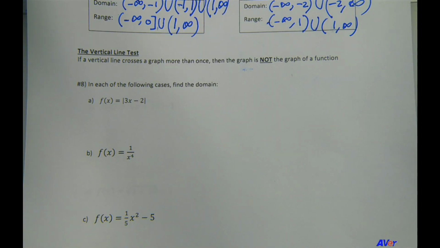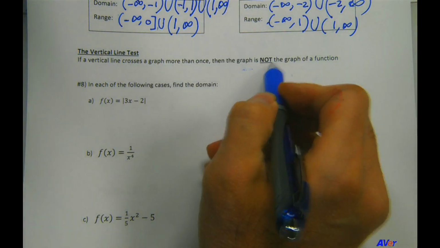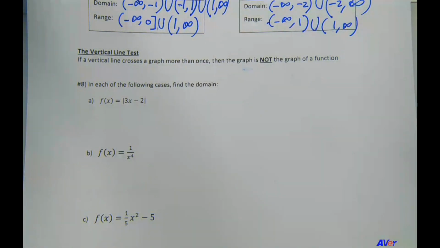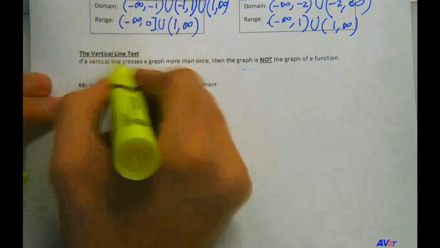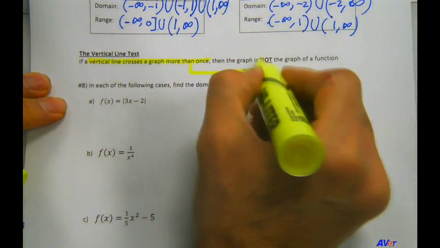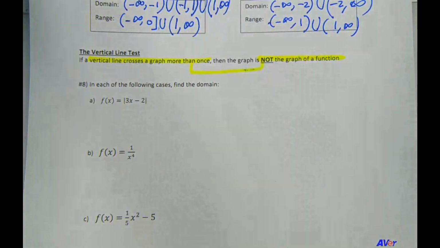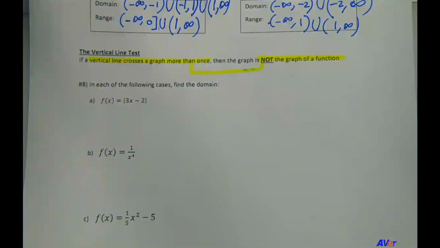If a vertical line crosses a graph more than once, then the graph is not a function. So the vertical line test means the vertical line that you draw must cross the graph of the function at only one point. It cannot be more than that. If it is, then the graph you have does not belong to a function, it's something else.